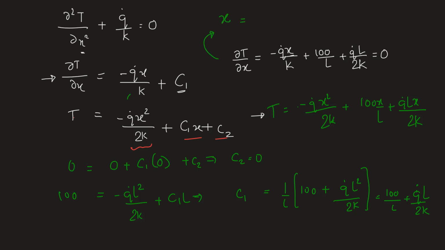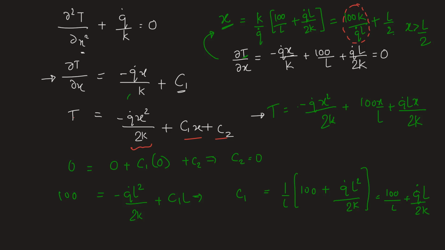You will get x is equal to K upon Q dot into 100 by L plus, now when we multiply this term to the bracket, we get first term is 100K by Q dot L and second term will be L by 2. So we can see that maximum value of T will occur at a value of x which is greater than L by 2, because there is this term that is being added to L by 2. So definitely maximum temperature will occur at a value greater than L by 2.